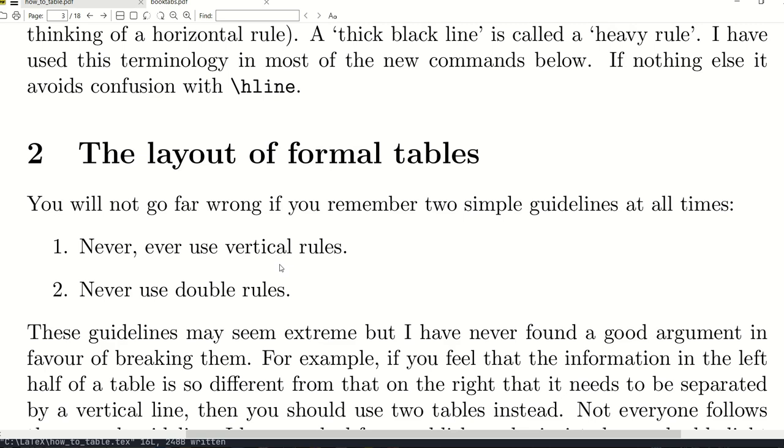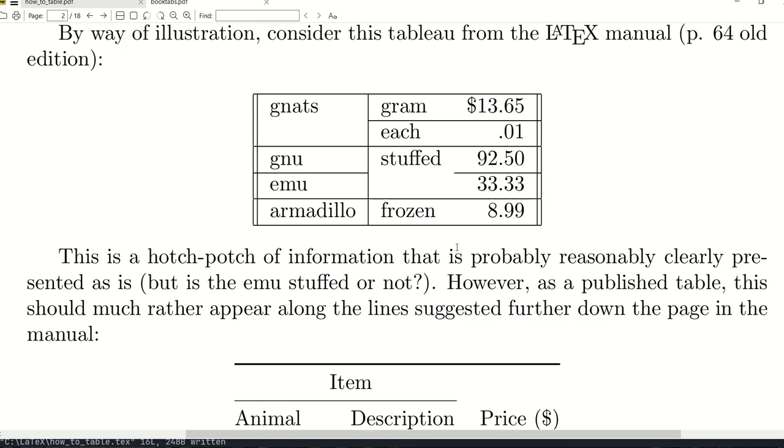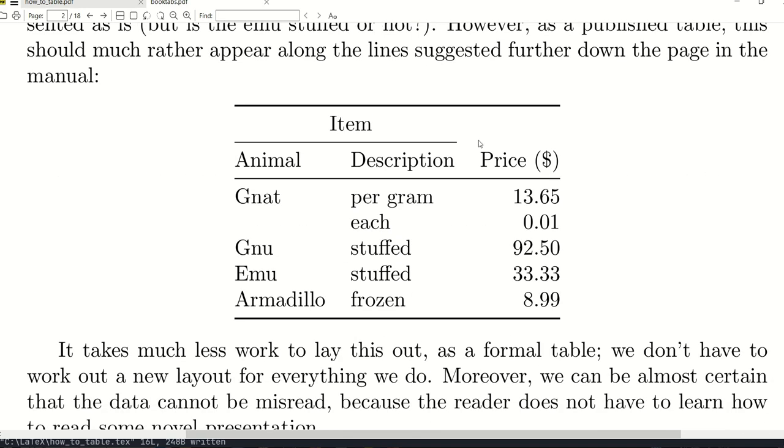Now, that's not all that their package does. They don't just give you rules. They've also got some commands that make your table look a lot better. So if we take this example that they've got here, similar to ours, where they've got all of the lines, and they've also got some double lines here, versus this version of the same table, it just looks a lot better.